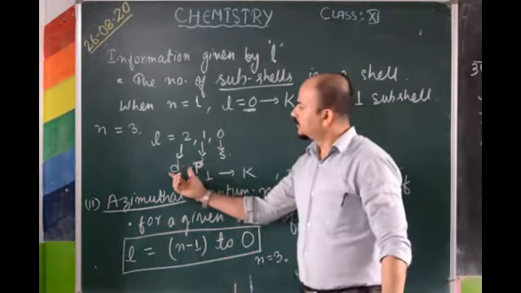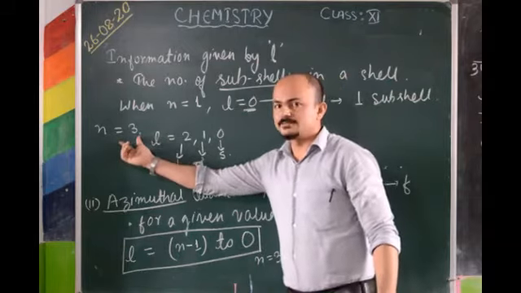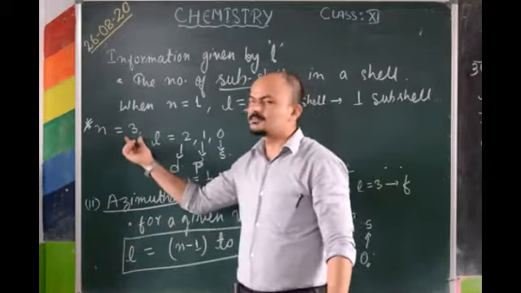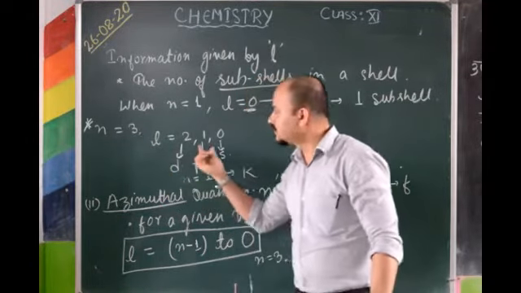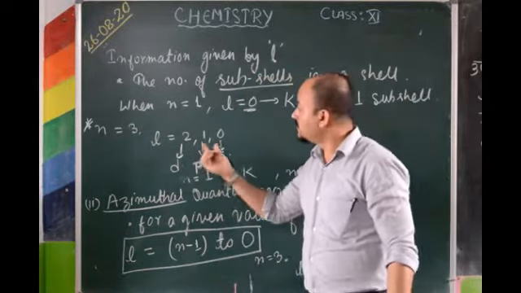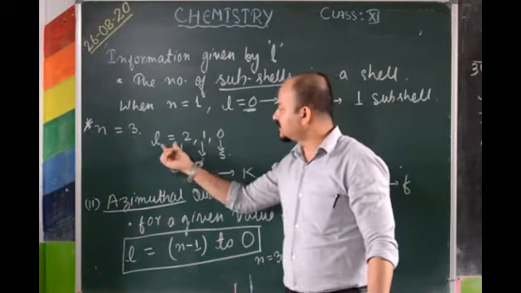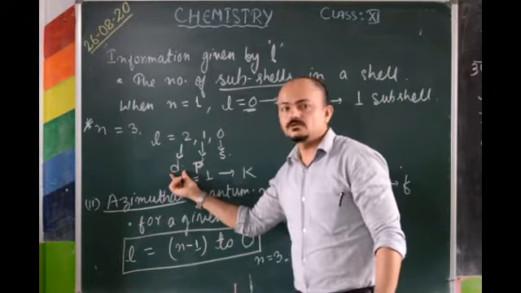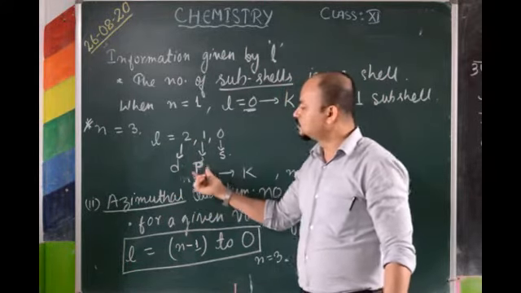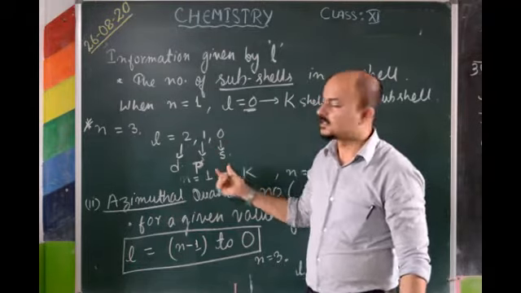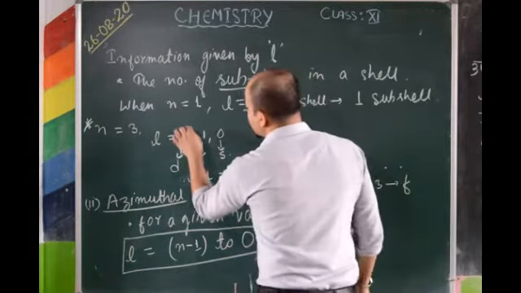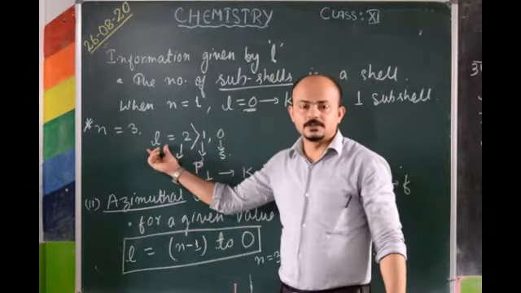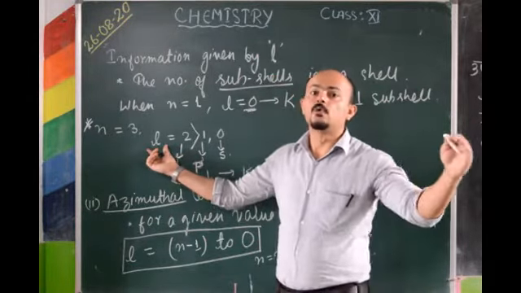Now, in this particular example, the value of the principal quantum number is 3 in all these 3 cases. Depending on the value of L, in one case it has value 2, which corresponds to D, 1 to P, and 0 to S. Based on this, you can say that the higher the value of the azimuthal quantum number, the more energy it will have.